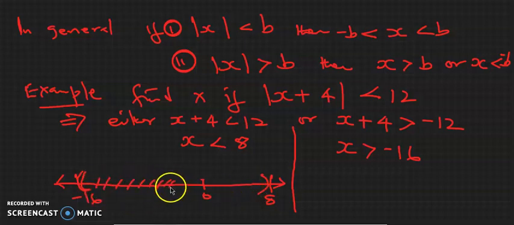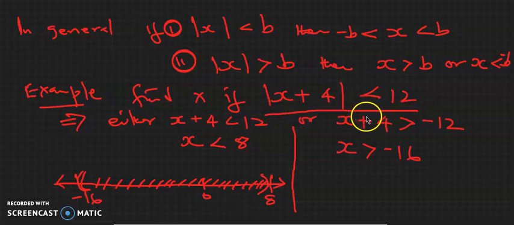Any value here will satisfy our inequality, the absolute value of x plus 4 is less than 12.